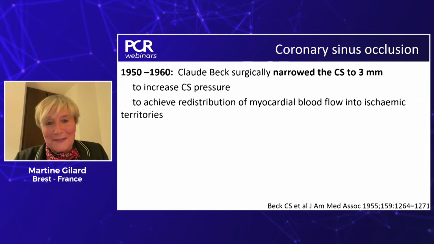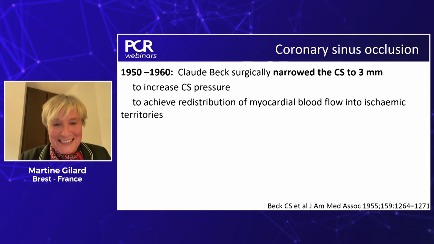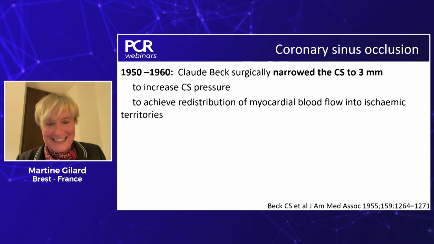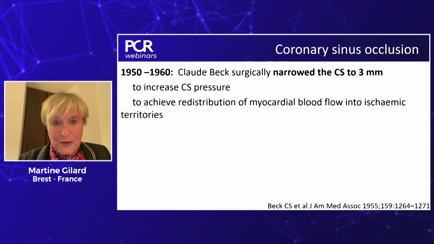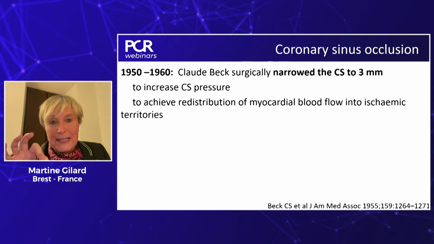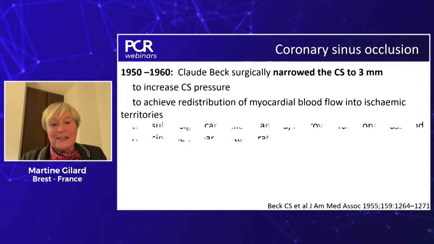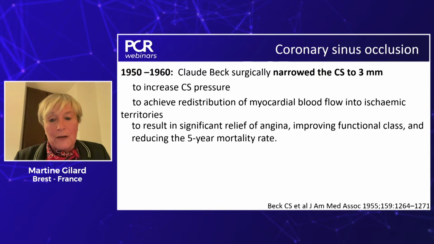A long time ago, in the 1950s and 1960s, a surgeon discovered that when he made a narrowing of the coronary sinus, he significantly improved the symptoms of the patient and also reduced mortality.